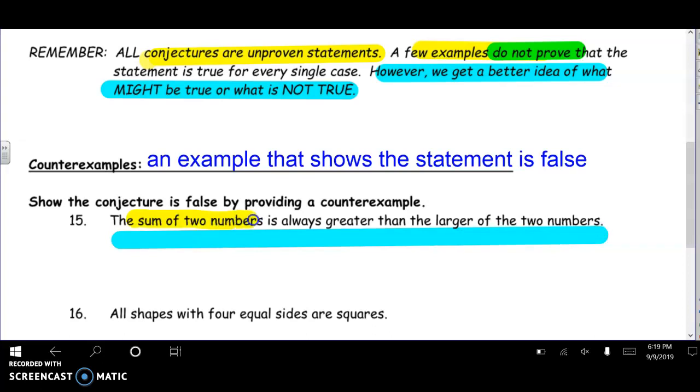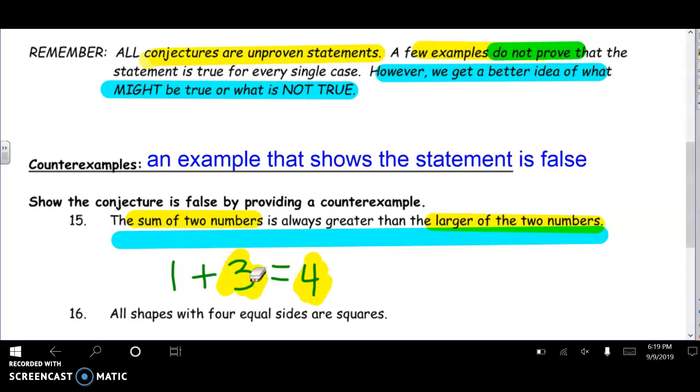The sum of 2 numbers, I'm going to pick the 2 numbers 1 and 3, and their sum is 4. This says the sum of 2 numbers is always greater than the larger of the 2 numbers. So 4 is greater than 3.